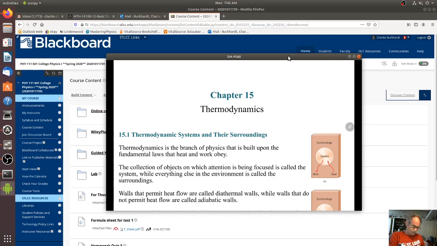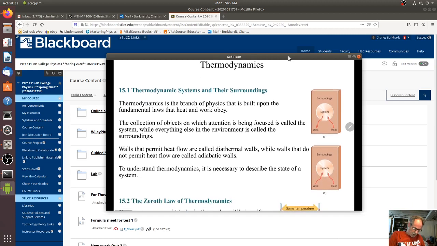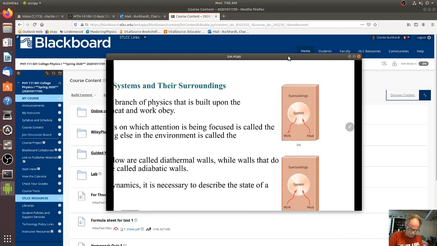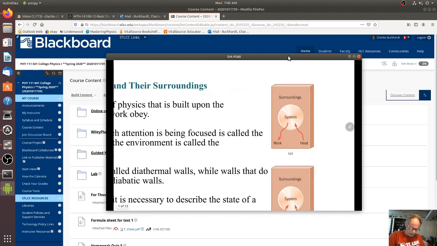So let's define some terms here. We always have a system. In this case, we're going to talk about the simplest thermodynamic system, which is just a fairly rarefied collection, a gas of monatomic atoms.